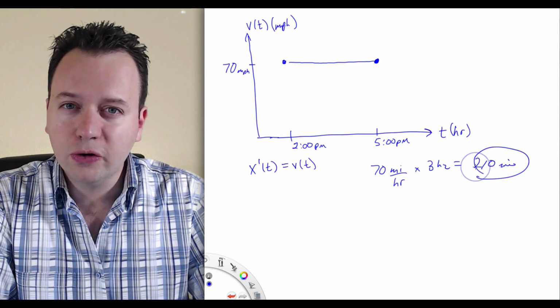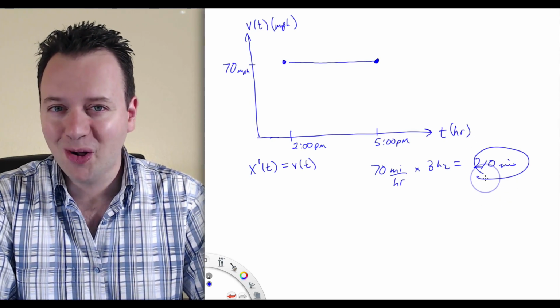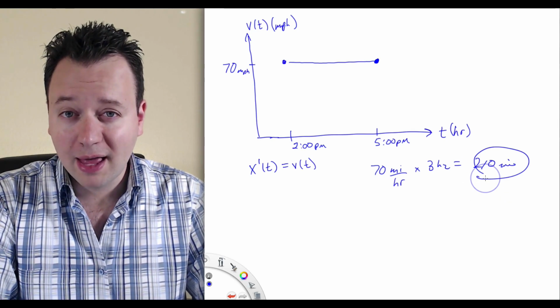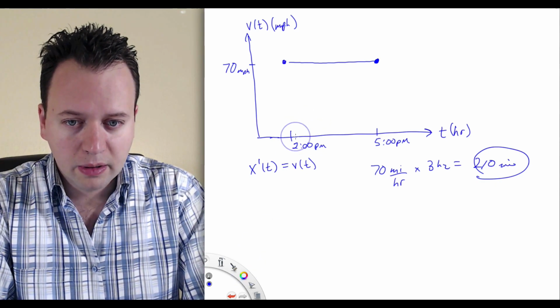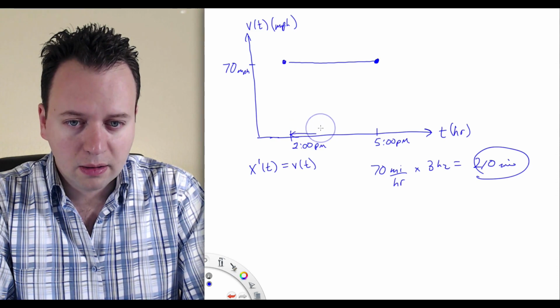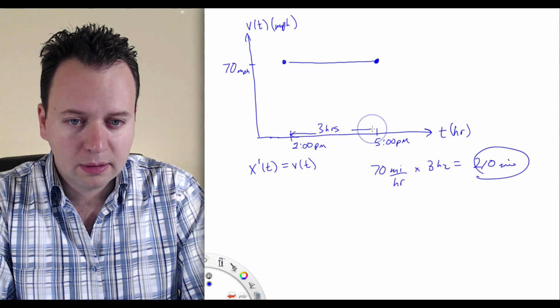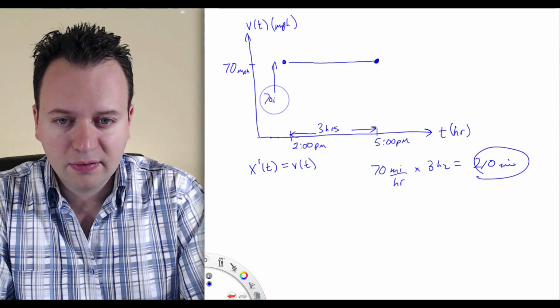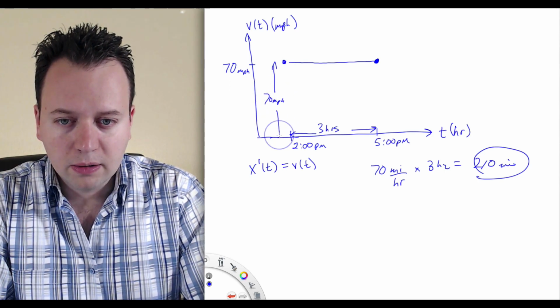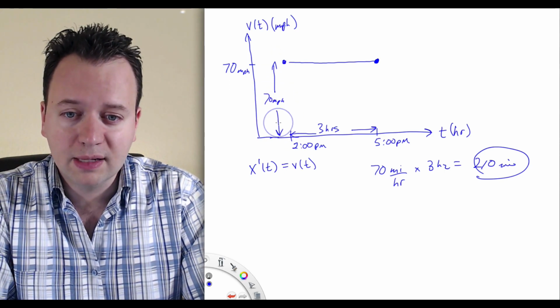What does 210 miles represent on this graph? The answer is as follows. Well, it's the amount of time, which would be 3 hours. And then the height up here is 70 miles per hour. So that 70 miles per hour represents this length.